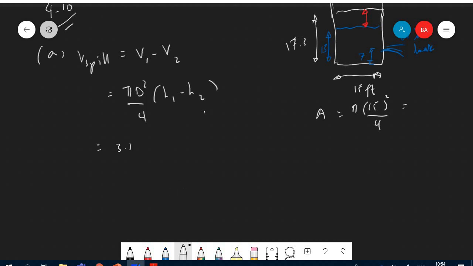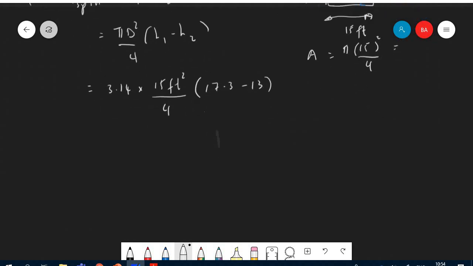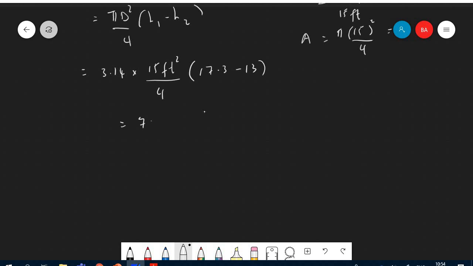And in this case, I'm going to have pi multiplied by 15 feet square, which is the diameter, into the difference in the height, which was 17.3 minus 13 feet, and the answer will be about 759 feet cube. Okay, if you want that in gallons, this is about 5680 gallons. So this is the amount in feet cube that has been spilled out.